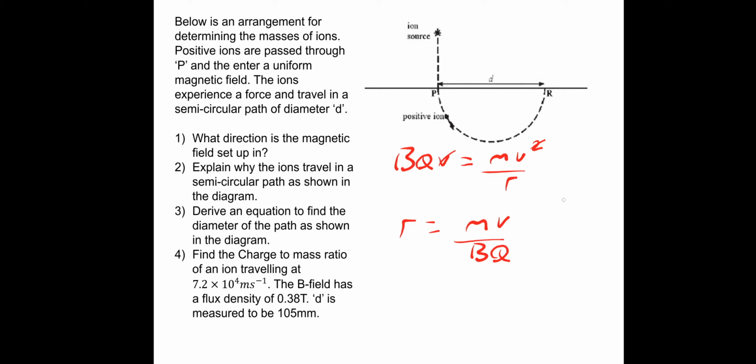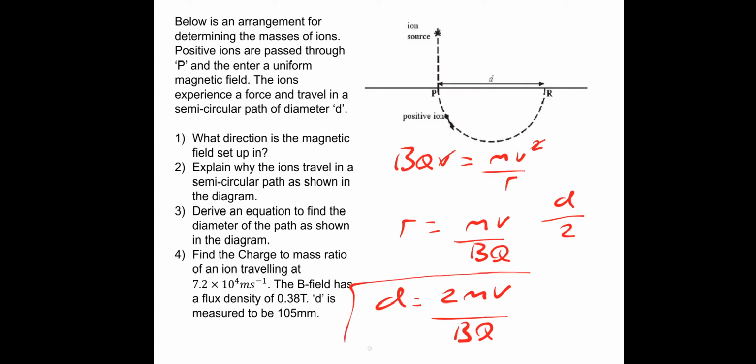So if we sub in d over 2 for the radius, you get d over 2 equals mv over BQ, and then rearrange to get d by times by 2. So the diameter would be 2mv over BQ. That's the equation. And then we're going to use that to answer question 4.